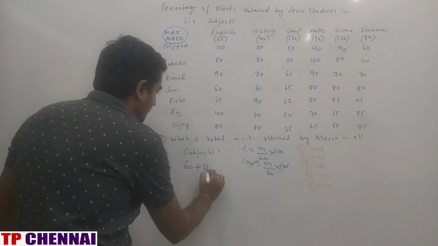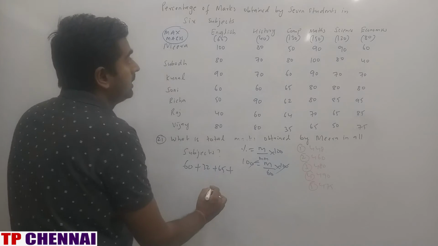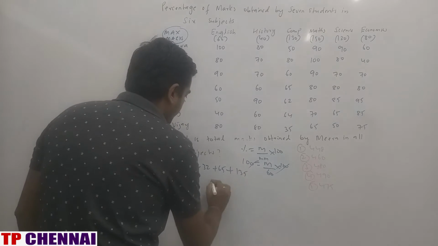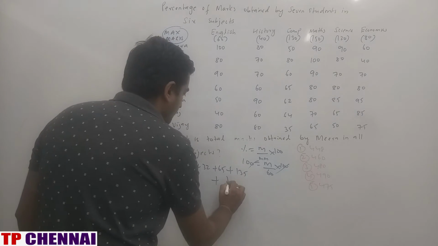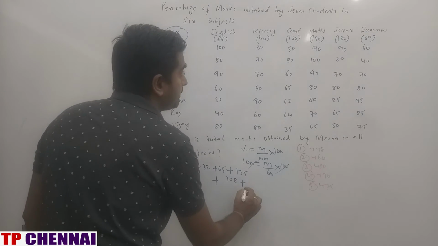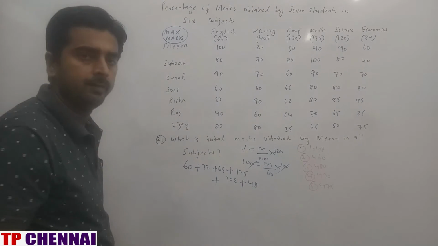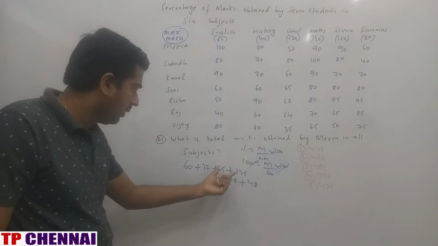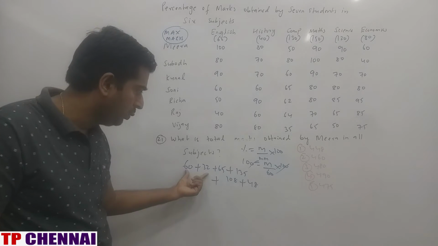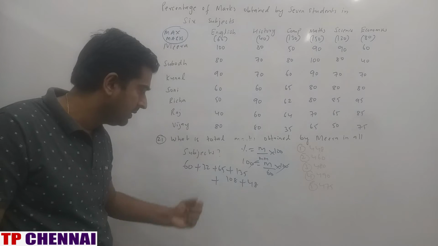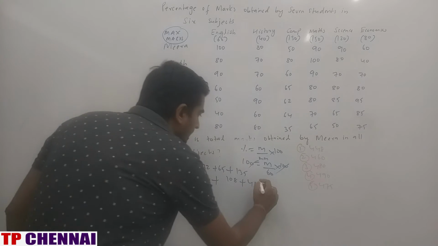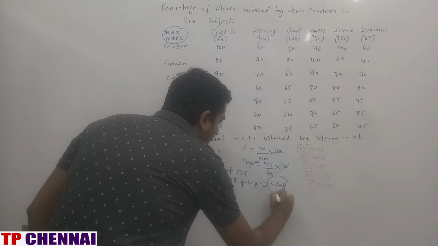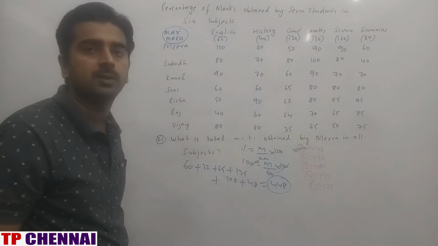This is 32, this is 65, this is 135, this is 108 and this is 48. 60 plus 32 is 92, plus 65 is 157, plus 135 is 292, 292 plus 108 is 400, plus 48. My answer is 448, which is the first option.